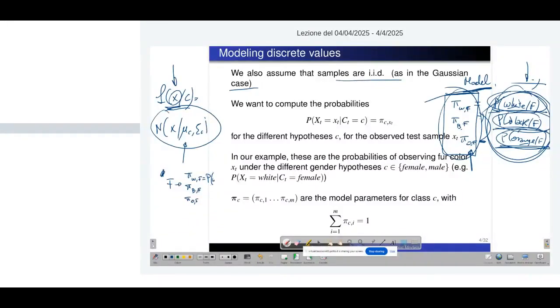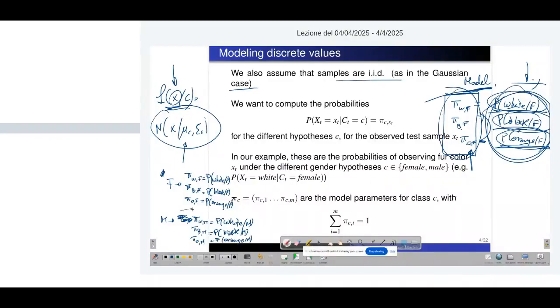And then I will have for the male class a second set of parameters: probability of white given male, probability of black given male, and probability of orange given male. Notice that this is not the only choice.